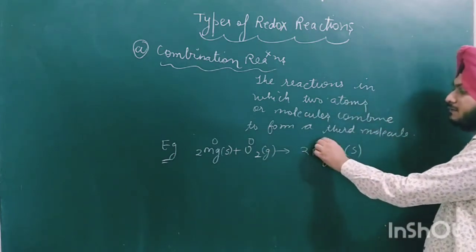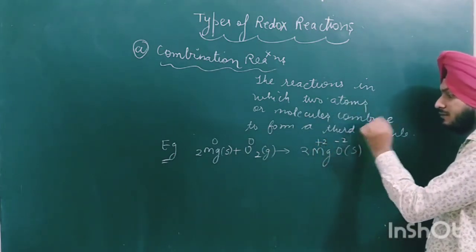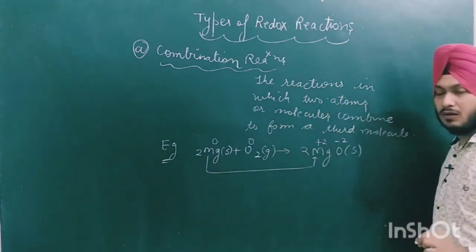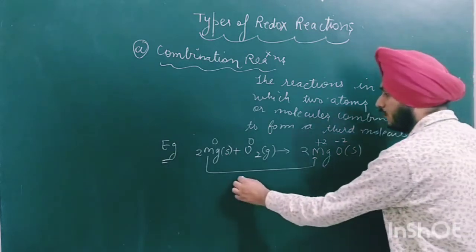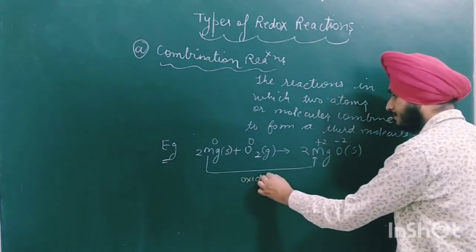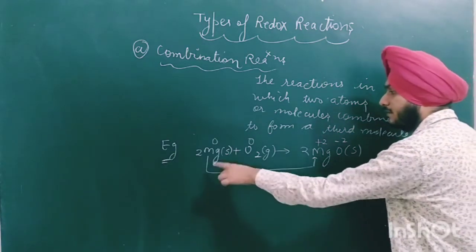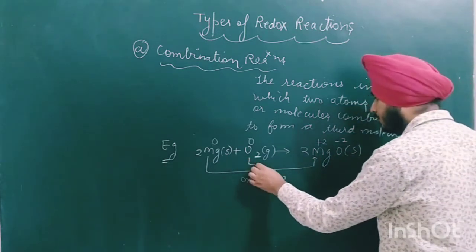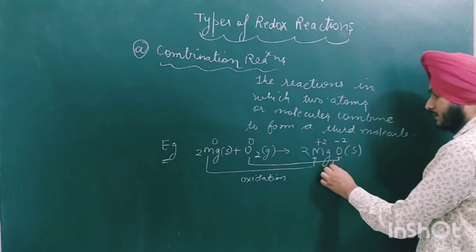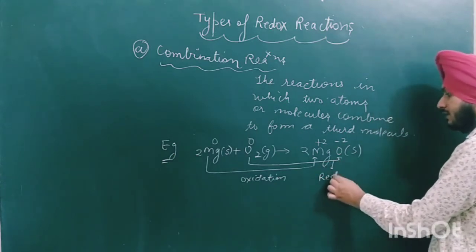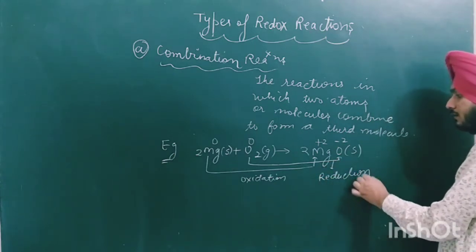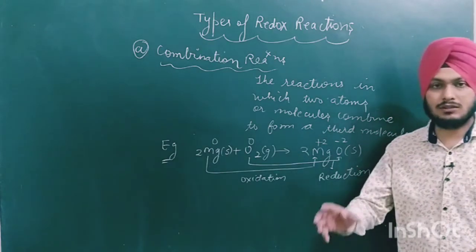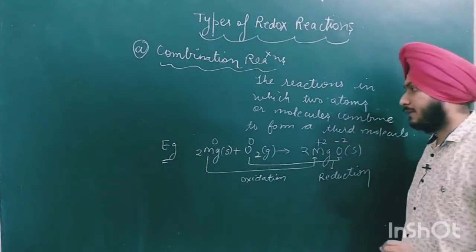Here magnesium is in +2 and oxygen is in -2. So from 0 to +2 oxidation takes place, or magnesium is oxidized to Mg2+. Similarly, O2 is reduced to 2-, so here reduction takes place. That is why this is a redox reaction, because both oxidation and reduction take place simultaneously.